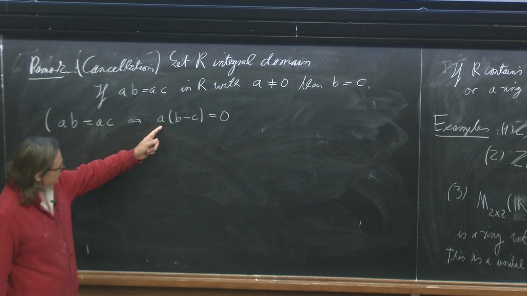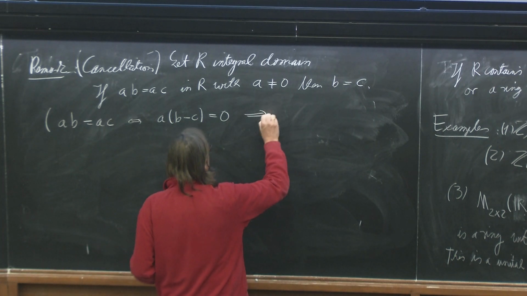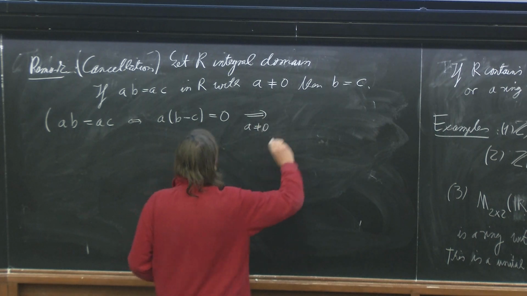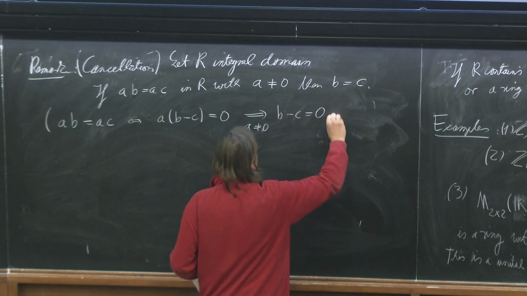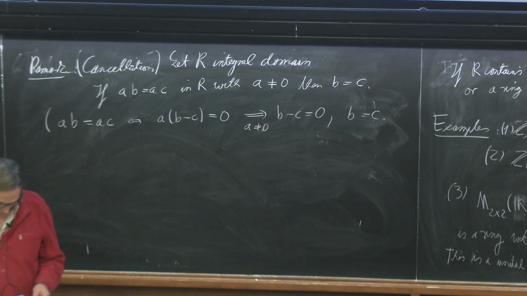So thus, if A is non-zero, then B minus C is 0. Okay, that's also very simple.